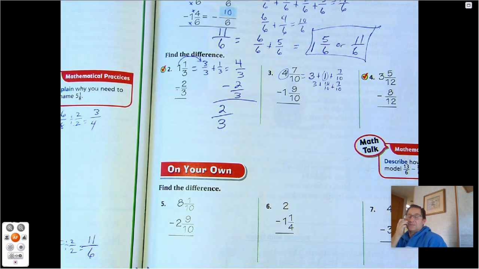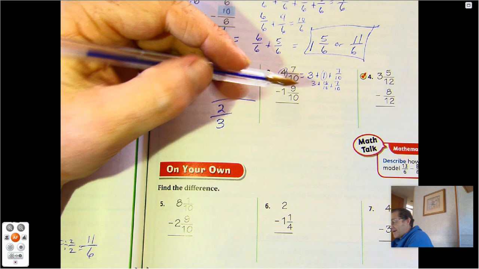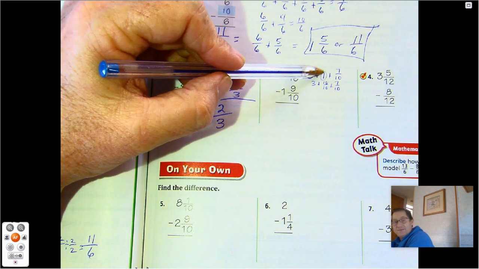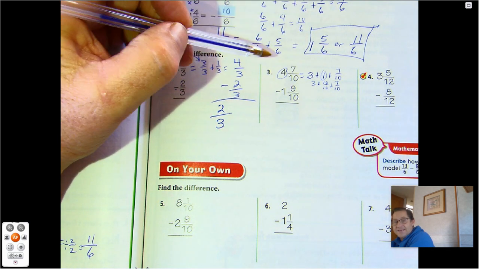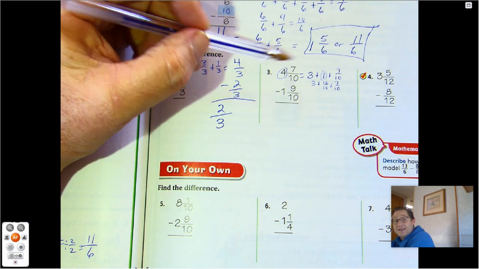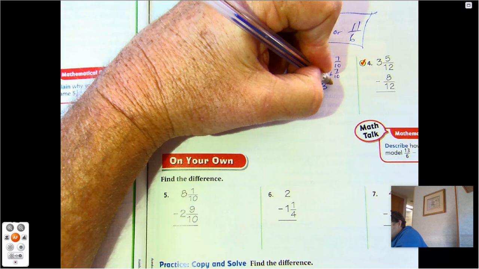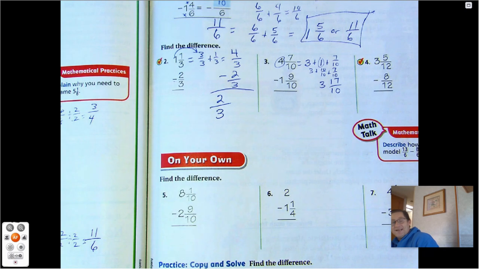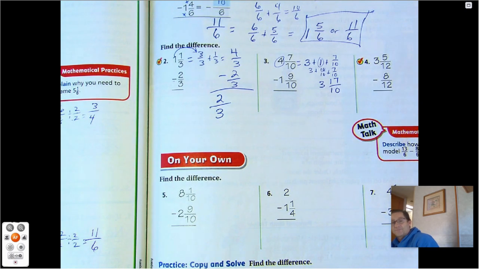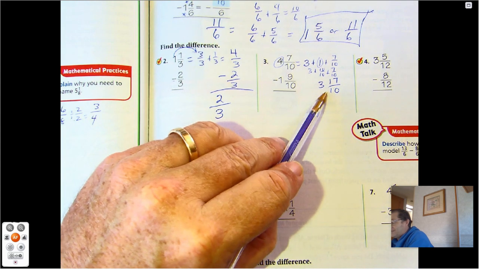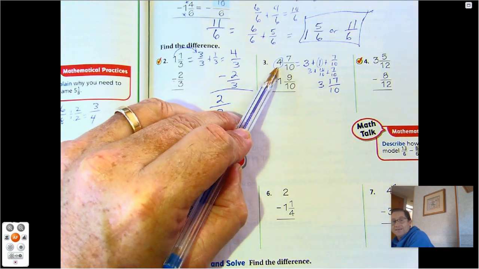Okay, so I'm trading or renaming one of the whole numbers as 10/10. So now we have 3 and 17/10. 3 and 17/10 is the same as 4 and 7/10.